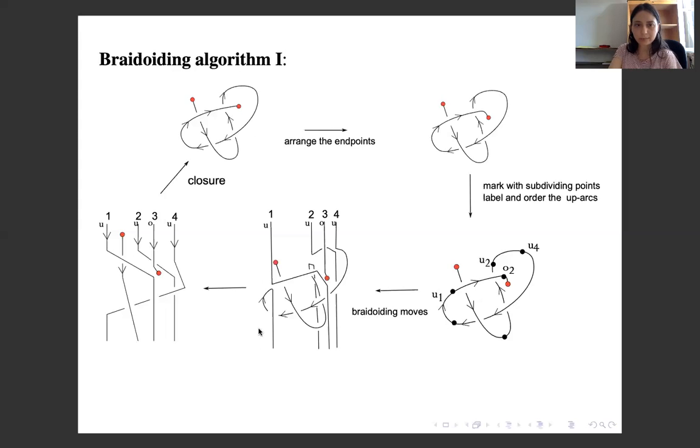So when we apply the braidoiding moves on the up arcs, we are left with this diagram. Then we isotope some small portions of this diagram to turn it into a braidoid diagram. Here is a Reidemeister 1 move that is available for the resulting tangloid, I can say.